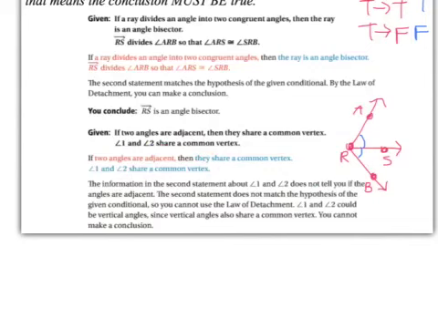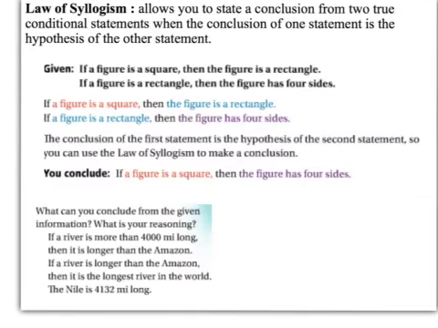The law of syllogism is the second law that we're going to be focusing on in this section. It allows you to state a conclusion from two true conditional statements, when the conclusion of one statement is the hypothesis of the other. So if you're given, if a figure is a square, then the figure is a rectangle.